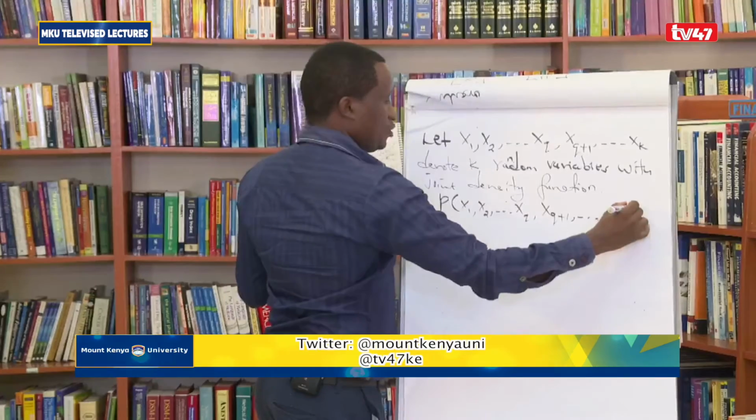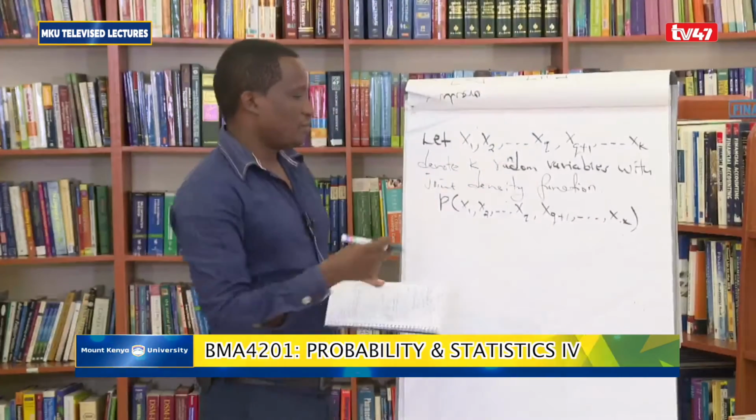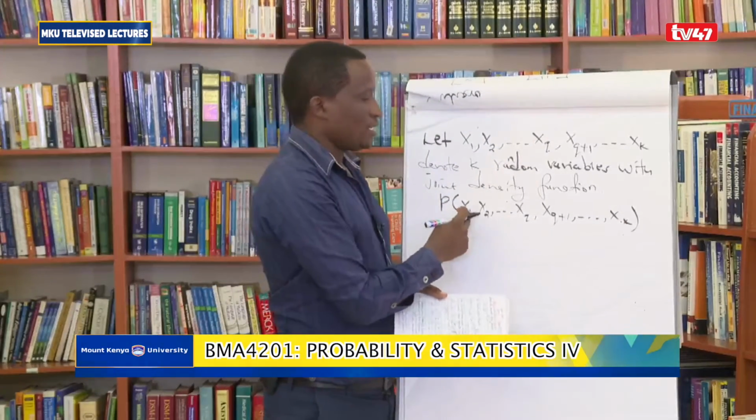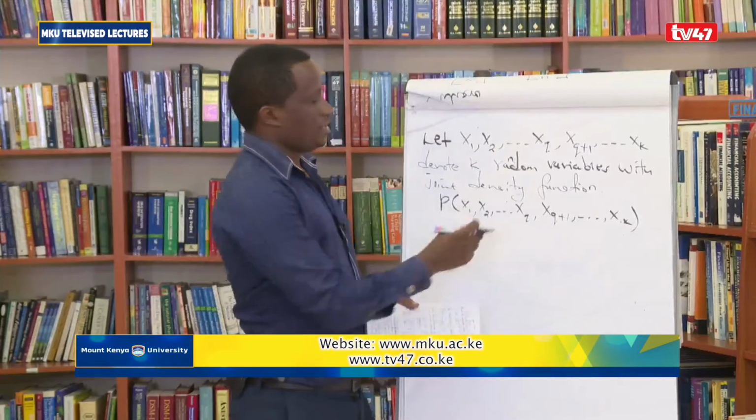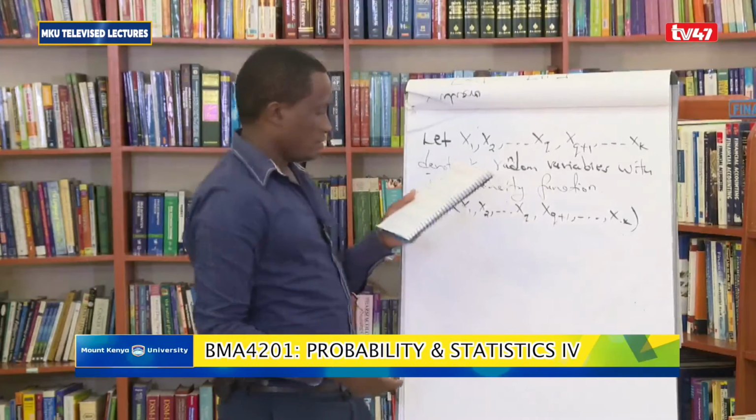So we are partitioning the list of random variables from x1 to xq, then starting from q plus 1 all the way to k, so that we have the first partition and the second partition.